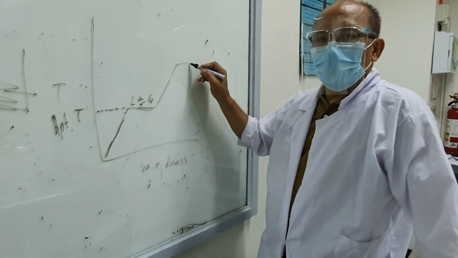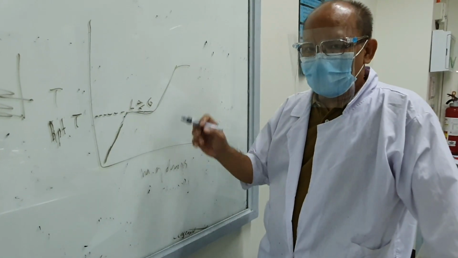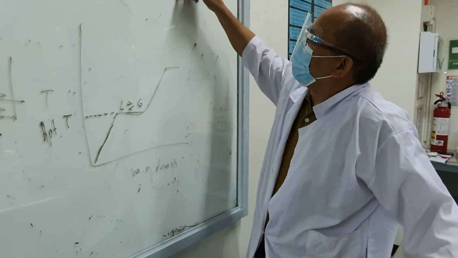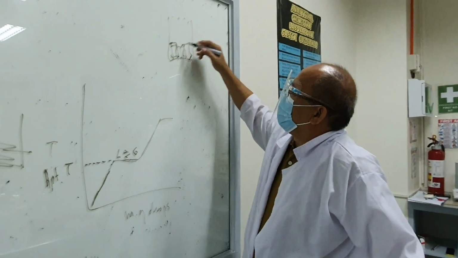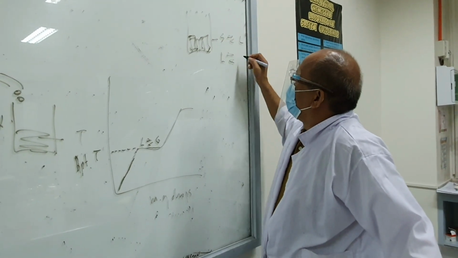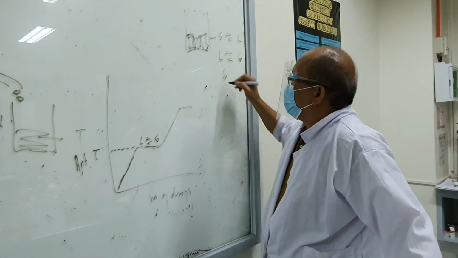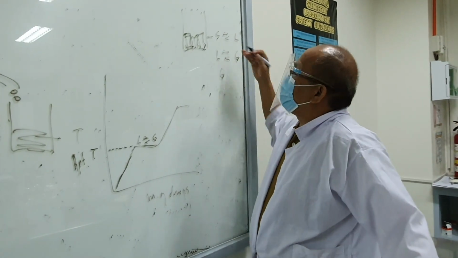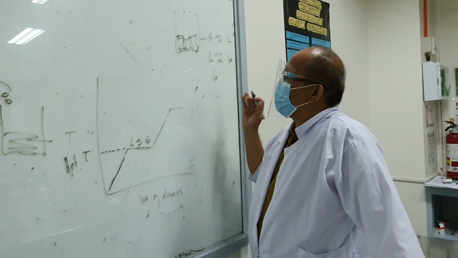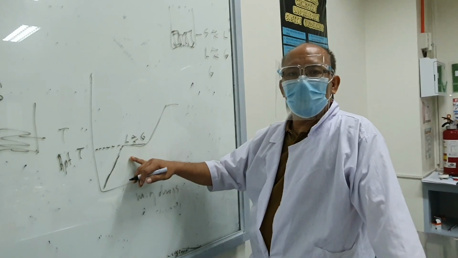Now if you start from ice, of course you will have solid-liquid equilibrium, liquid-gas equilibrium, and then gas. So how many plateaus will you observe? Two plateaus. But here we start with the liquid, so you will only observe one.